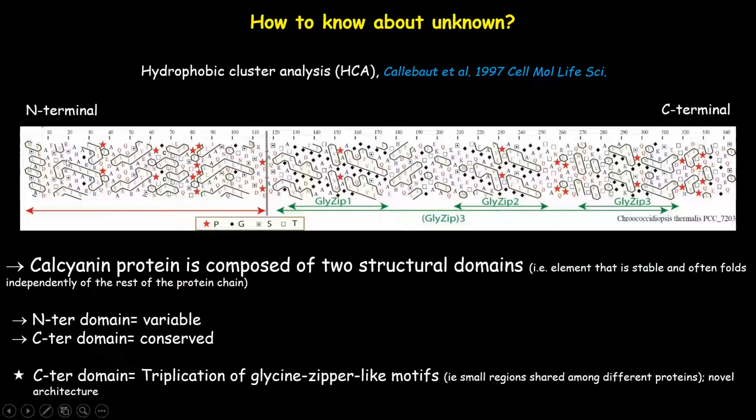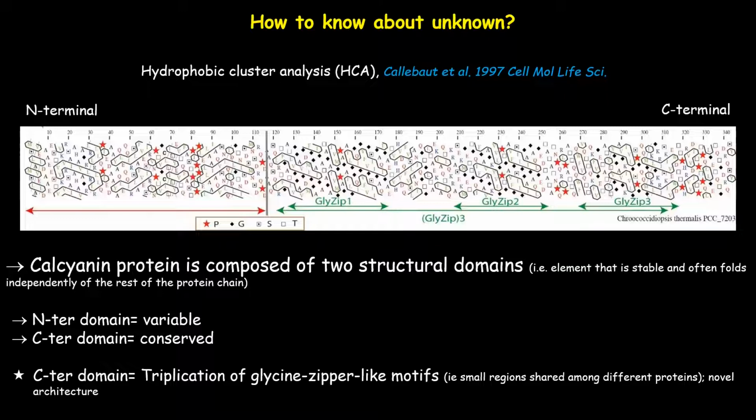You have a color code with different amino acids with different chemical or physical properties. For example, you have those green amino acids here, which are outlined by these black lines. They are hydrophobic amino acids.